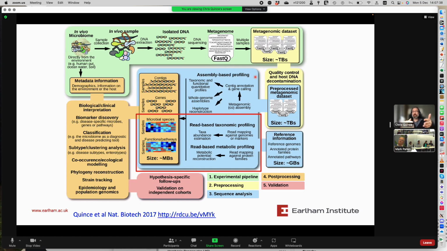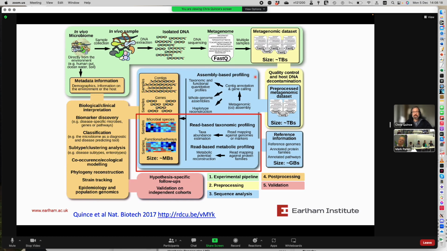All the different methods have pros and cons, and you should be cautious or skeptical of people that tell you this is the only way to do it, because they probably have an underlying agenda, okay? It's about sort of controlling the field. There are people that will tell you that you have to use my method. And I think that in reality, every method will tell you something useful. You just need to gain experience in interpreting the different methods.